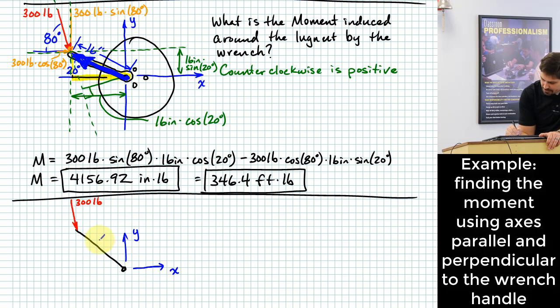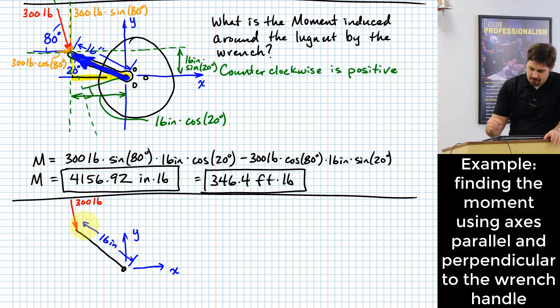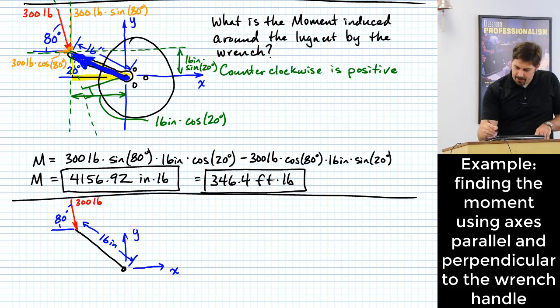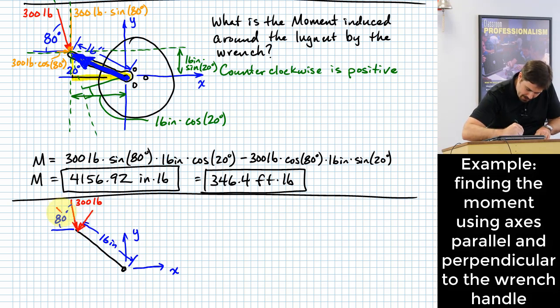We knew that this thing was 16 inches long. And we also knew this was 80 degrees. And I think the suggestion that we had was, what if we could figure out the component of this force that was applied to this handle perpendicularly and another component that was applied parallel to the direction of the handle?